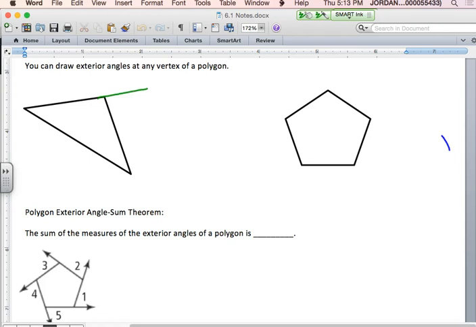That would be your exterior angle right here. Or you could extend this one out, so then this would be your exterior angle. Or you could extend this one out. However you want to do it, those are examples of exterior angles. You can do that on any polygon. Of course, on this one, it would be something like this.